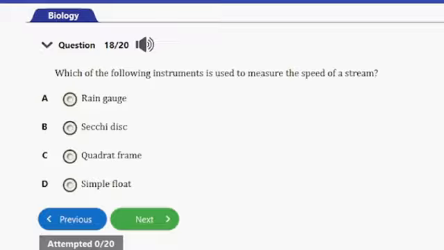A simple float is used to measure the speed of a stream, and this can be done by timing how long it takes the float to travel a certain distance down the stream. So that's the correct answer to this question. Let's consider the next question.